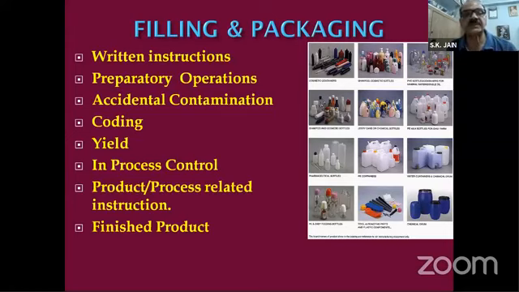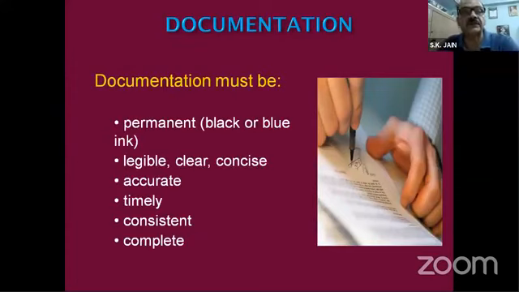Preparatory operations, accidental contamination: we must avoid contamination during the preparation also. Then coding, yielding, in-process control, product process related instruction, and finished product, right? All the steps have GMP guidelines and SOPs. According to that, you have to manufacture that product or pack that product.